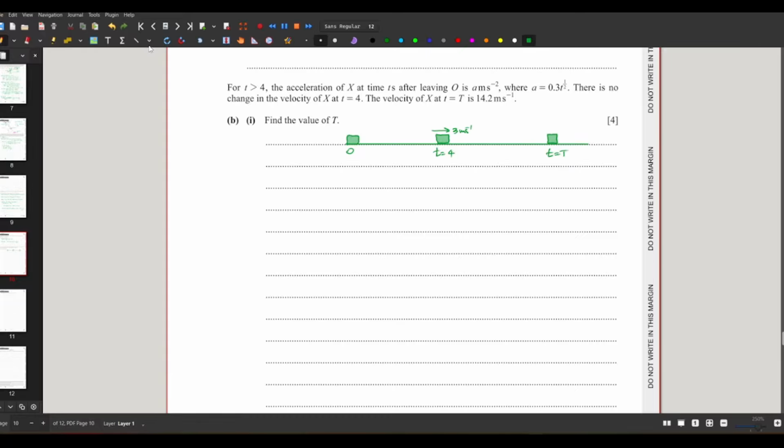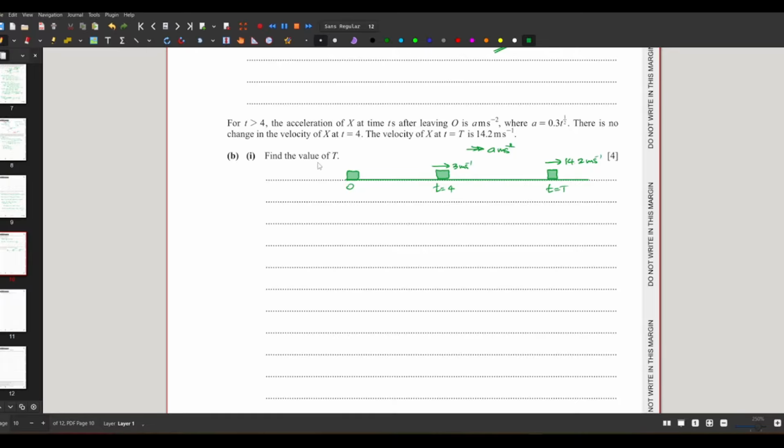They say that it has not changed. And after these 4 seconds we have this acceleration, and they say that when time is capital T, then the velocity is 14.2 meters per second. And you need to find T.